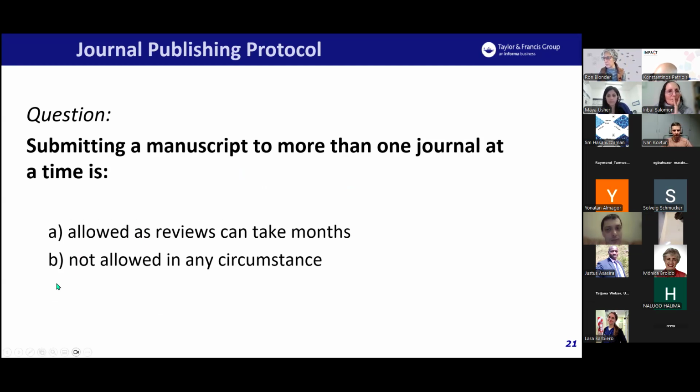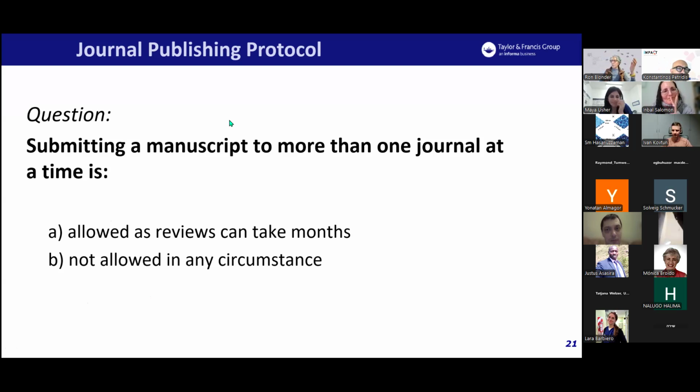This is a multi-choice question. We hear that the submission process is very long. It sometimes takes more than half a year from the moment you submit to being accepted or rejected.